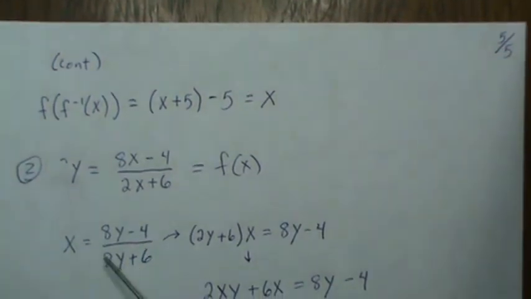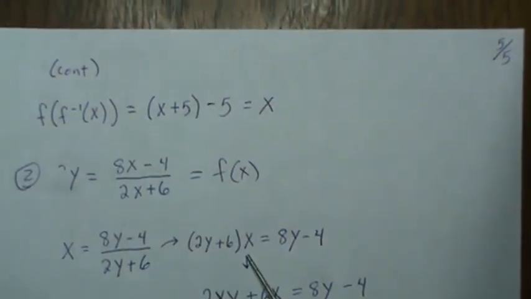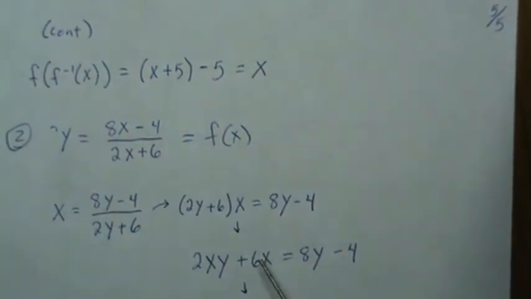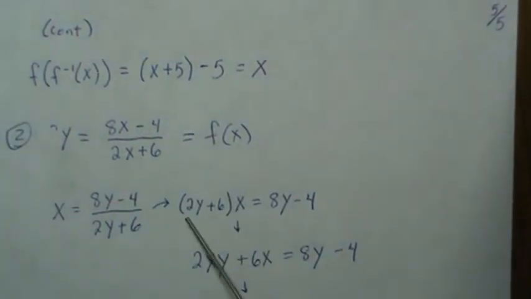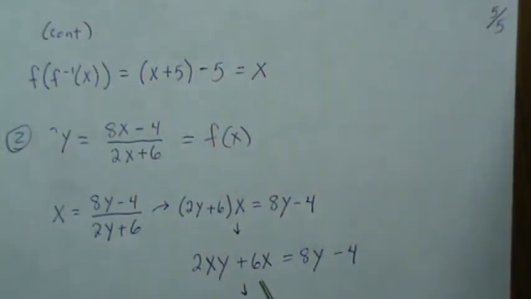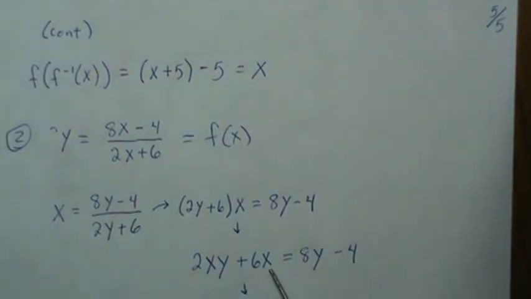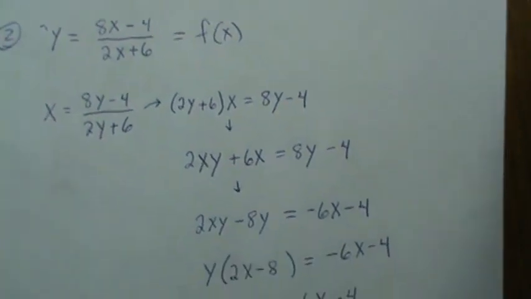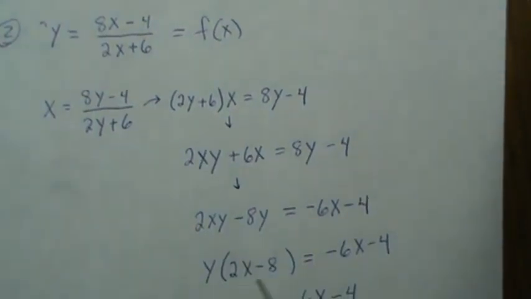So I multiply this to the other side to get that, and then I distribute the x in for this step. So 6x, 2yx, or 2xy. Now I'm going to subtract 6x from both sides, subtract 8y from both sides, and then we get this. And this, we're going to factor out a y. That's what we do here.